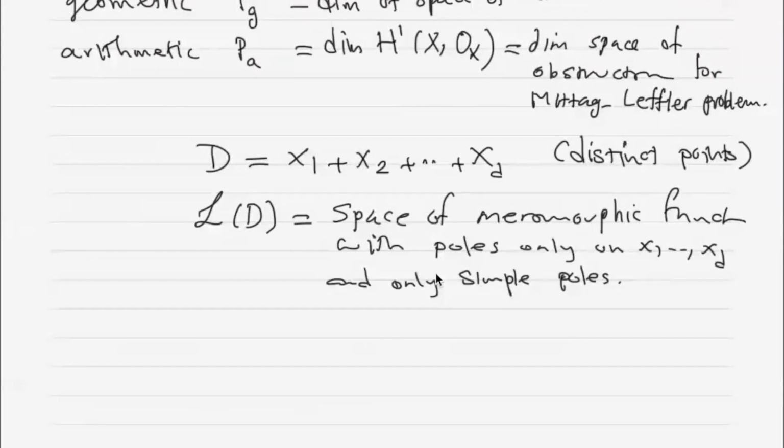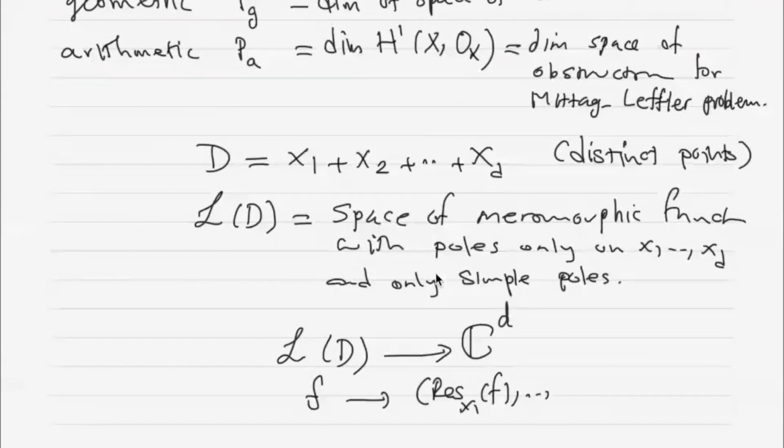So you have a map from this space to C to the power d that sends f to the residues at these points.